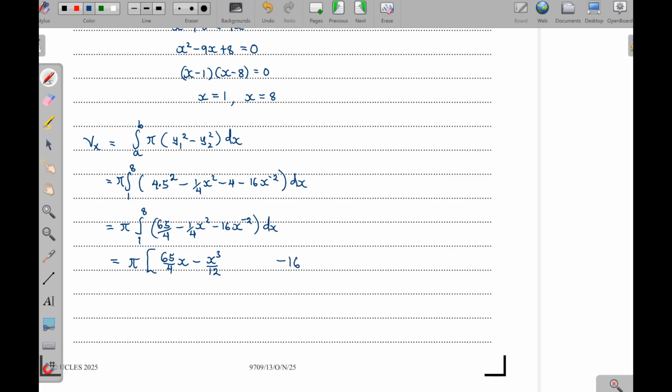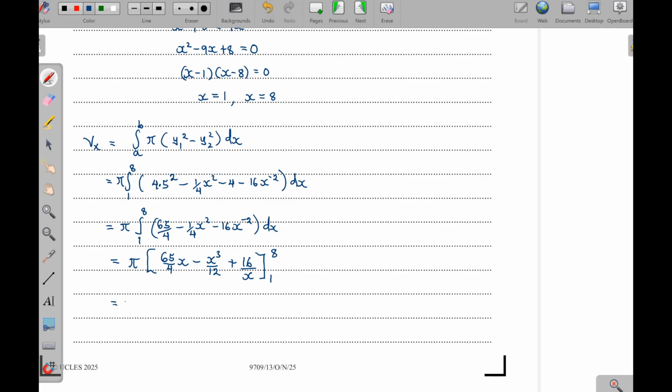You get negative 16, then to the power, 16x. Increase the power by 1, you get a negative 1 over the new power. Then negative 1 and then negative 1, you'll get a positive. Then you use rules of indices. This one you can take it down. That means we can have positive 16 out of x, then 8 and 1.